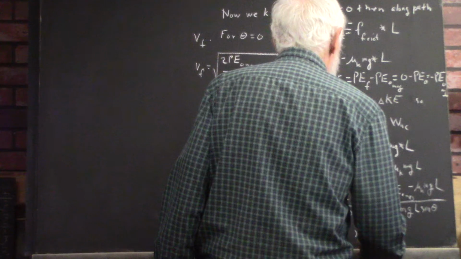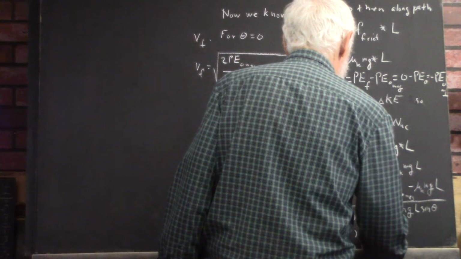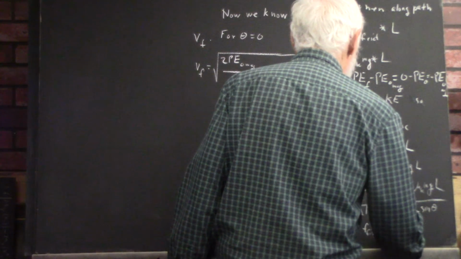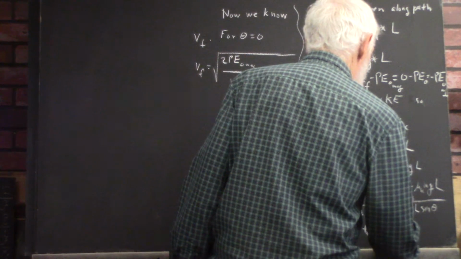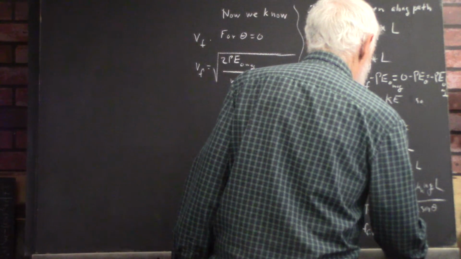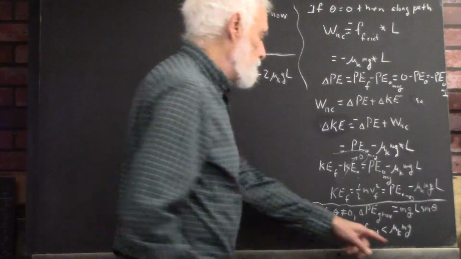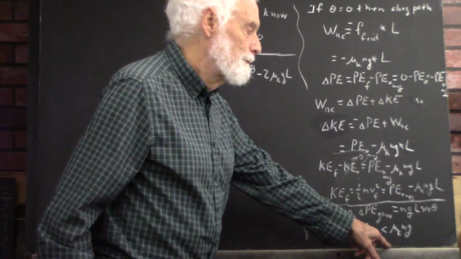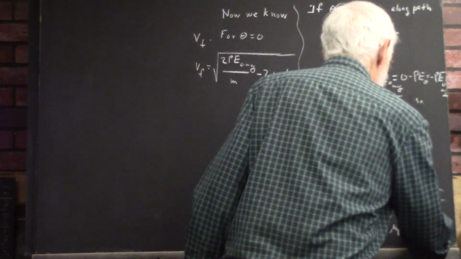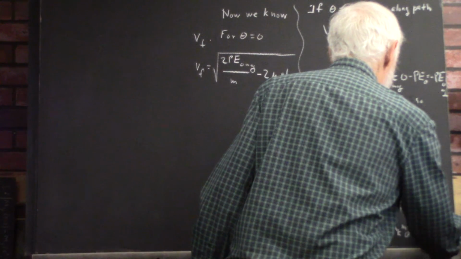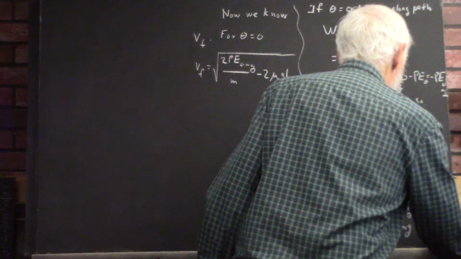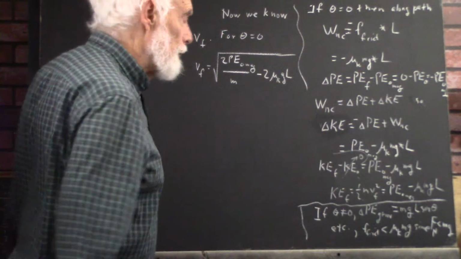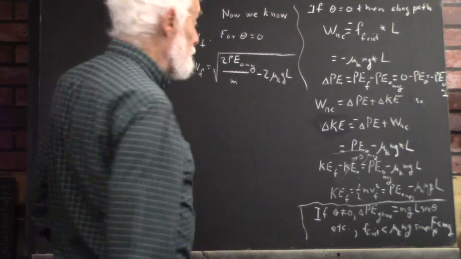The frictional force will be less than mu k mg because the normal force is going to be less than mg. Okay, since the normal force is less than mg, you've got to take that into consideration.